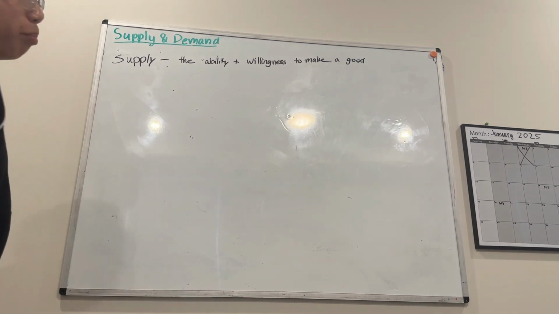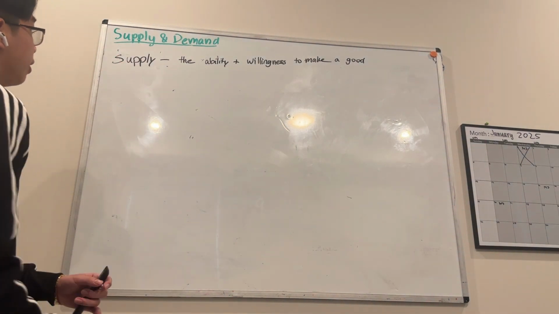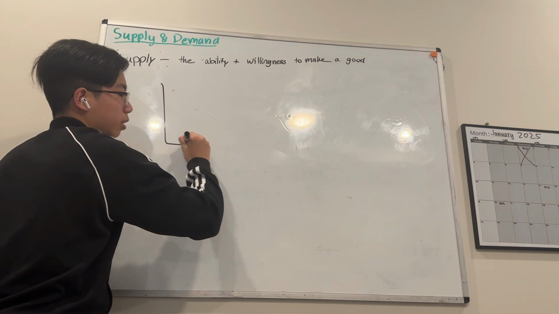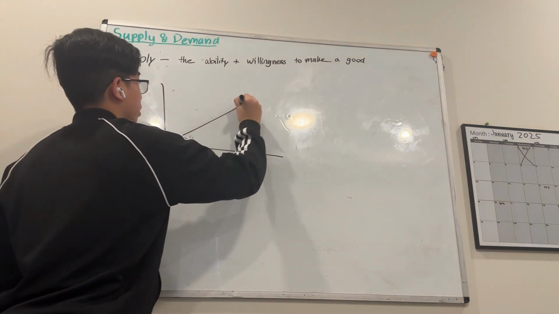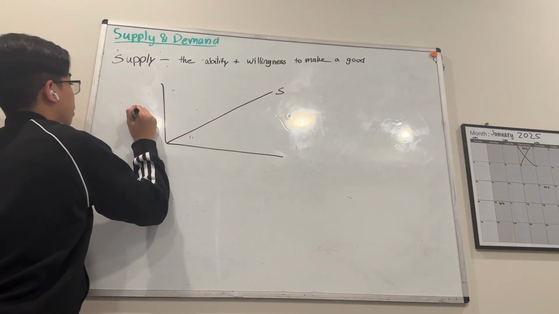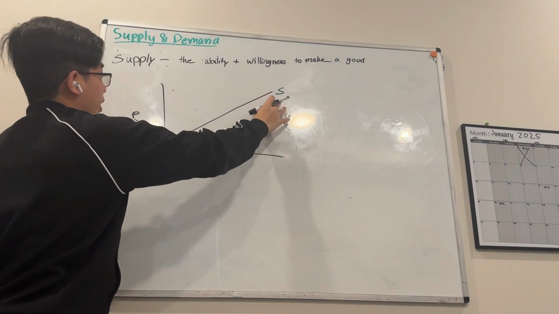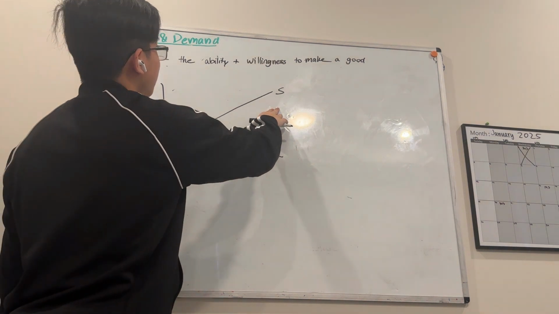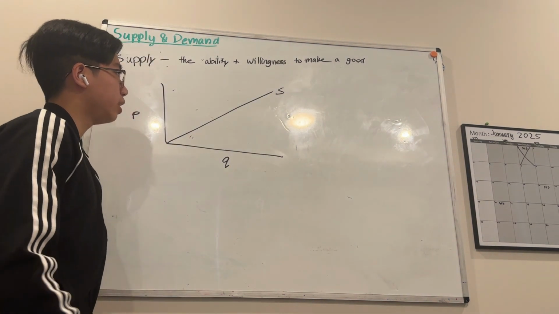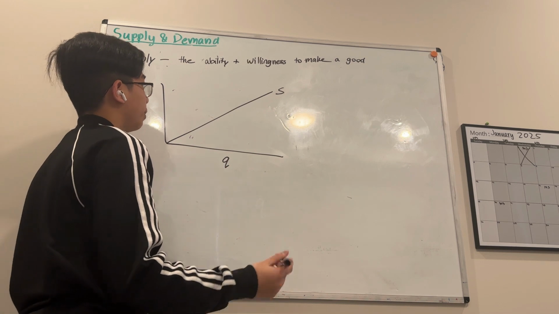On a graph, supply is the opposite of demand, it is upward sloping. The higher the price, the more people are willing to produce a good. Because of the higher price, they profit more from it.